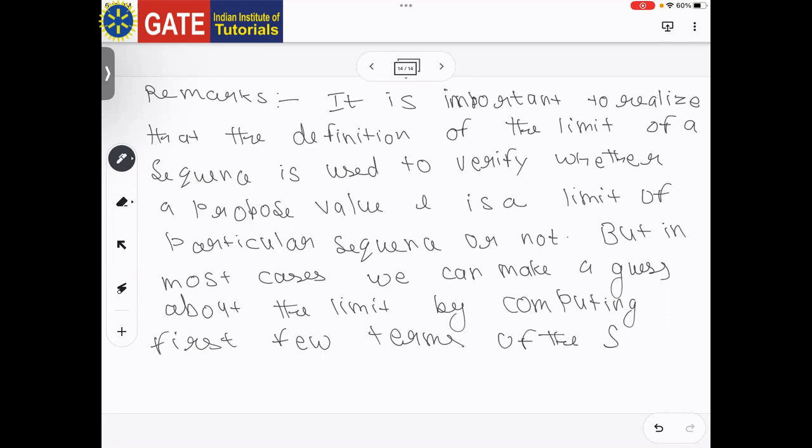So what they're saying is, in all the previous questions, our limit was given. But if the limit is not given, we can actually make a guess about that.